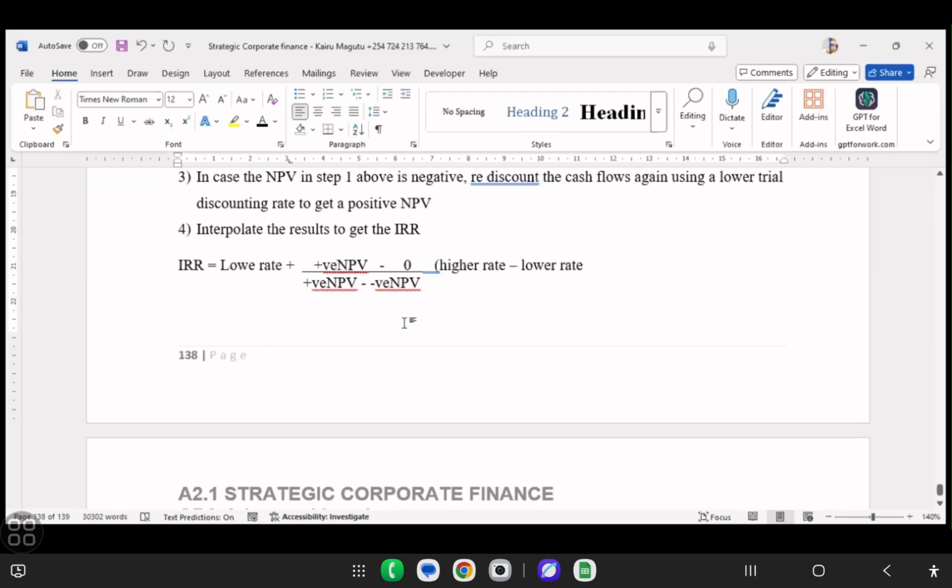I want us to go back to our question. We determine the IRR. We said that since the NPV at 12%, in this case, we say that NPV was equal to how much?